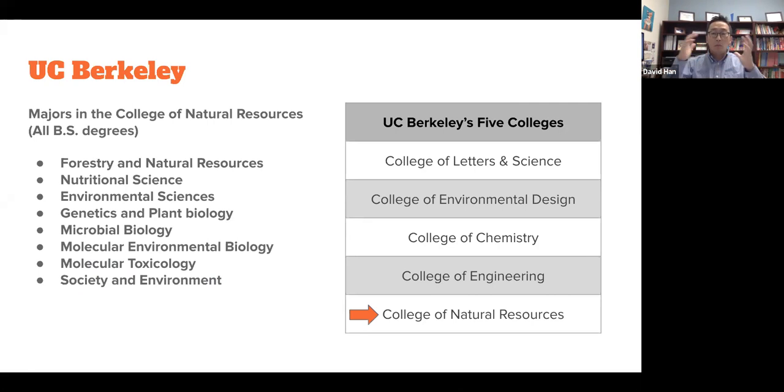They have a certain number of spots for the College of Natural Resources. So whether you apply to plant biology versus environmental science, it's not going to really affect your admission chance because you're applying to the College of Natural Resources, okay?